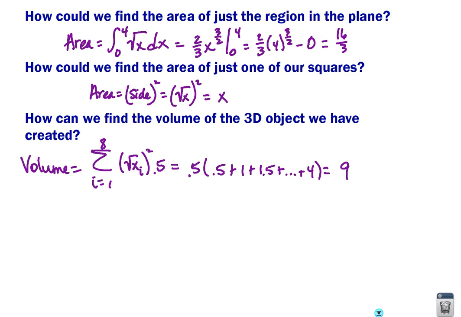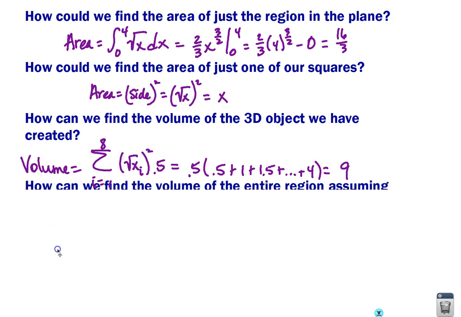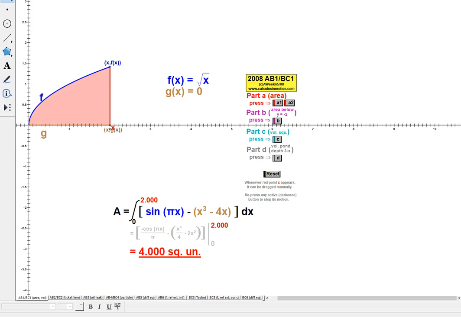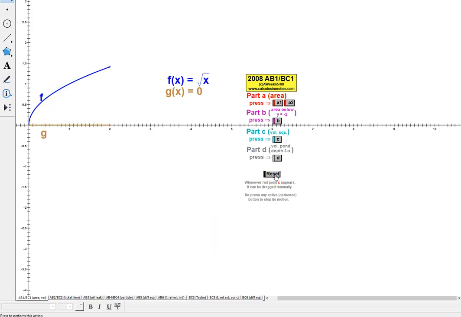Now let's tweak this a little bit and think about, what if I was able to find the volume assuming that I had an infinite number of those squares? Like, let's say I took as many squares as I possibly could and stacked them one after another. Let me see if I can give you a visual here. Let me hit reset.